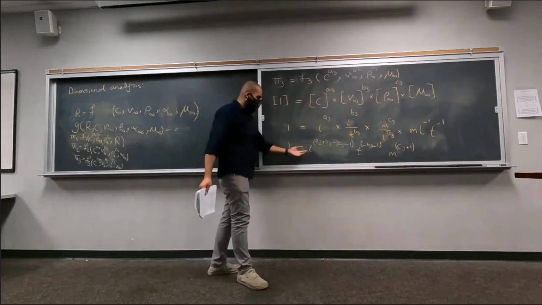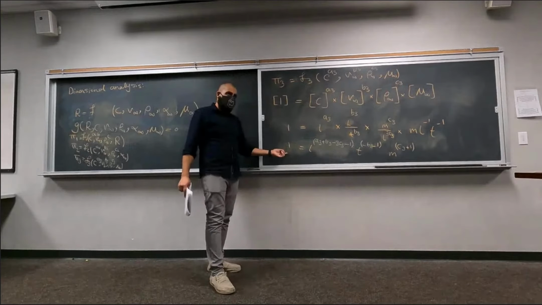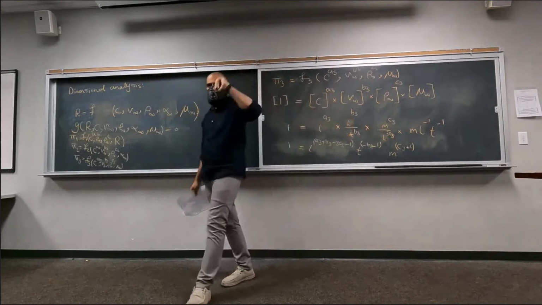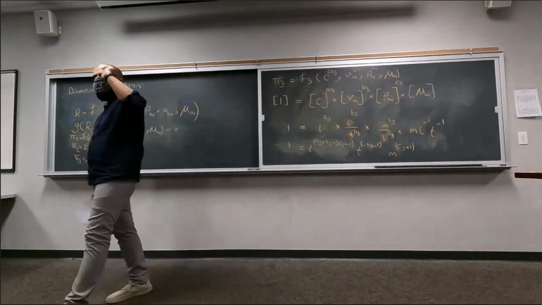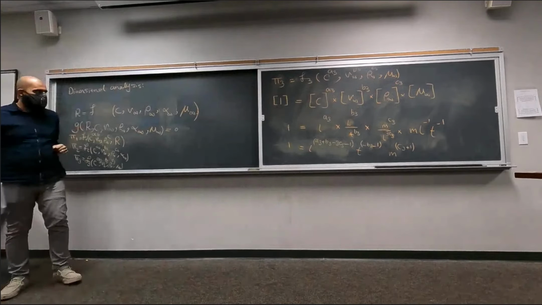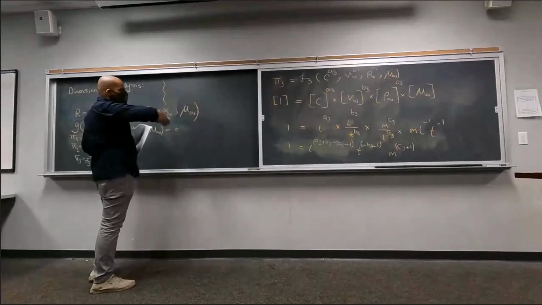So in order for the right hand side of the equation to give you 1, which is the thing we have on the left side, all of these powers have to be 0. That's it. So we essentially have 3 unknowns and 3 equations, and we can find the unknowns. What are they?